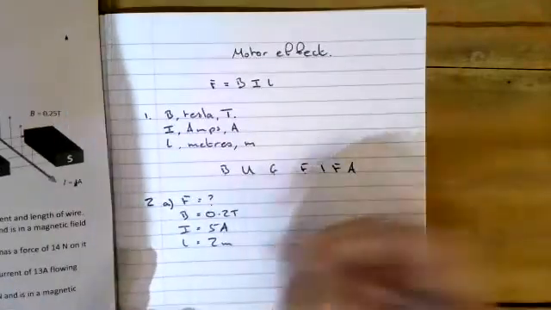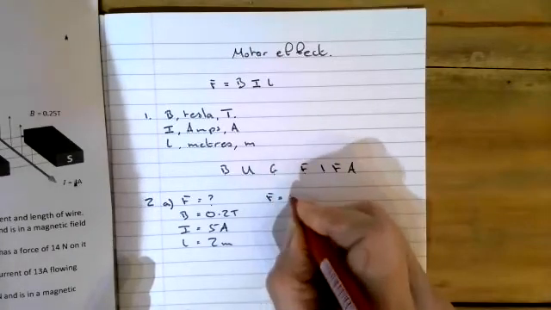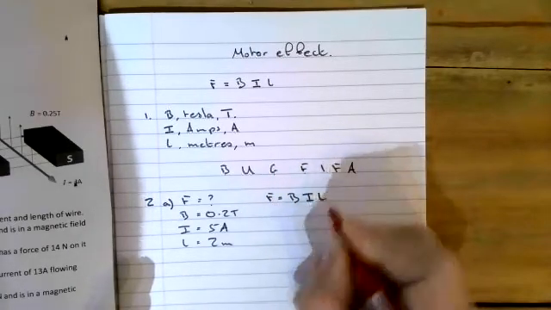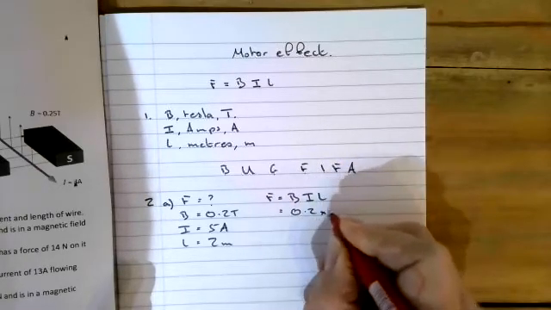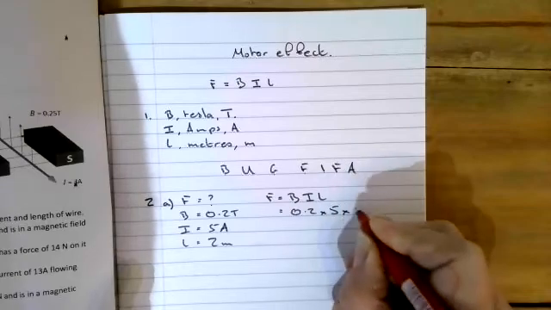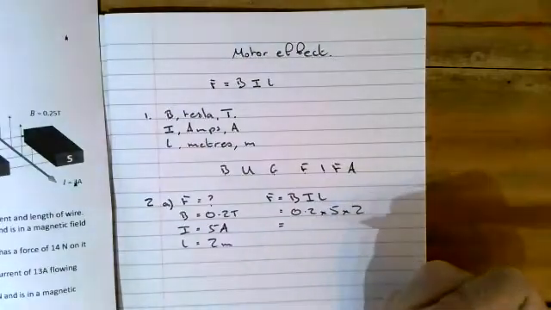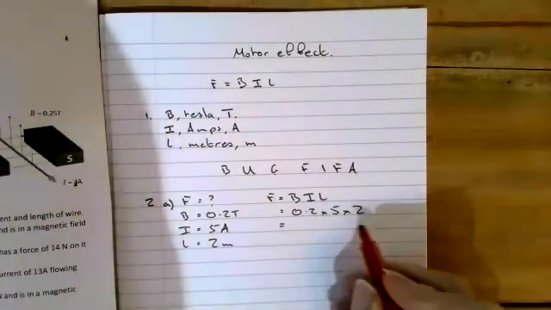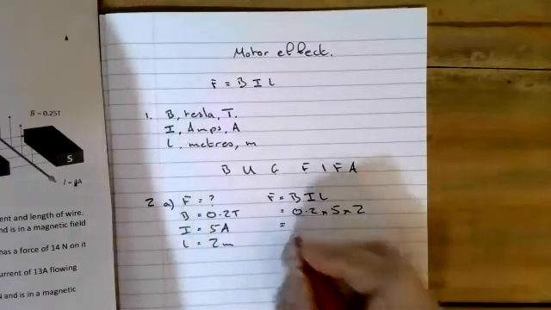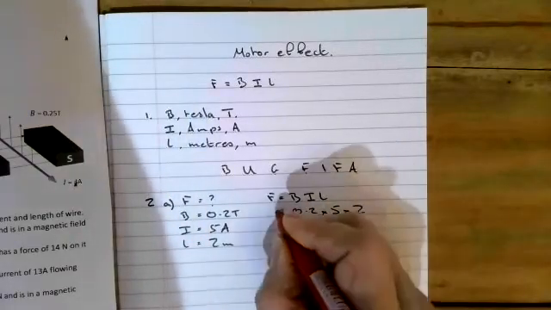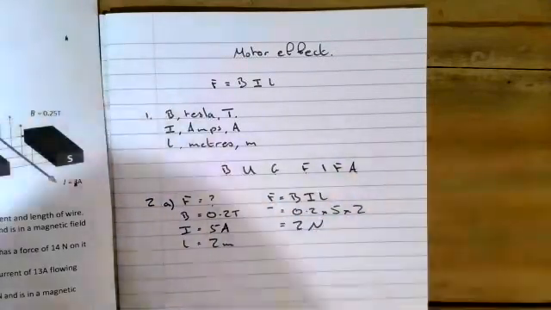Now, we've grabbed our data. Our formula is force equals BIL. We now need to insert, so it's 0.2 times 5 times 2, which will give us an answer of 2, and it's force, so it's newtons.